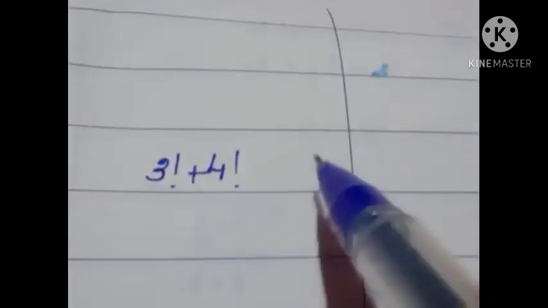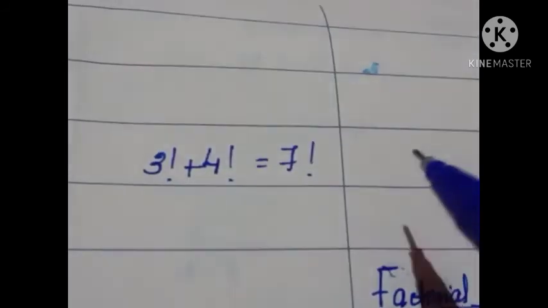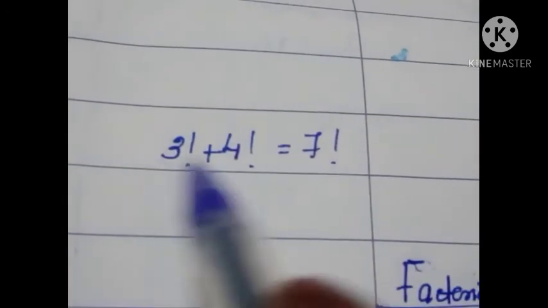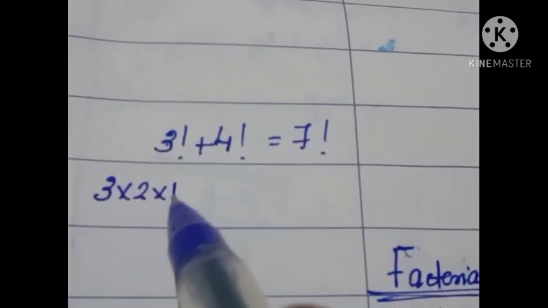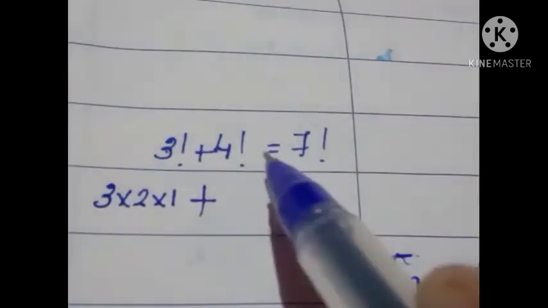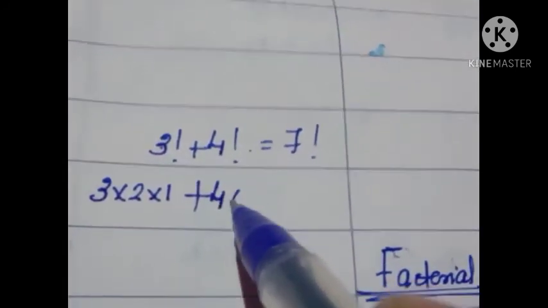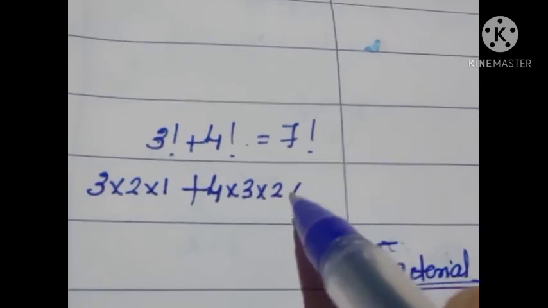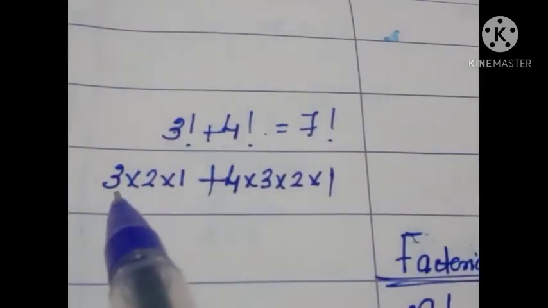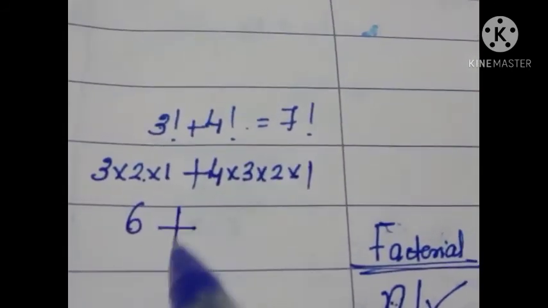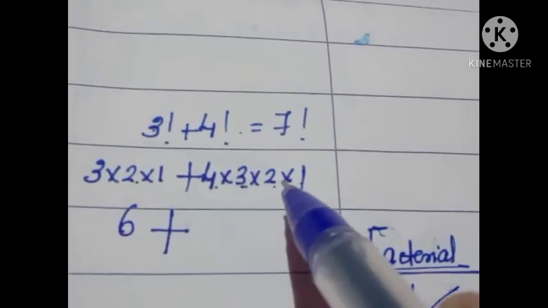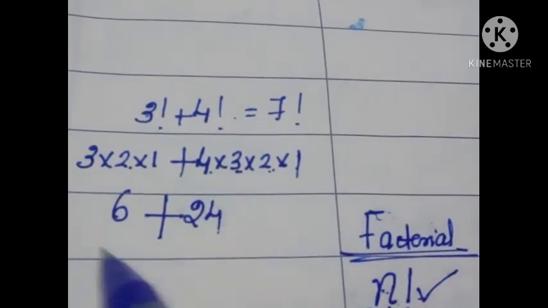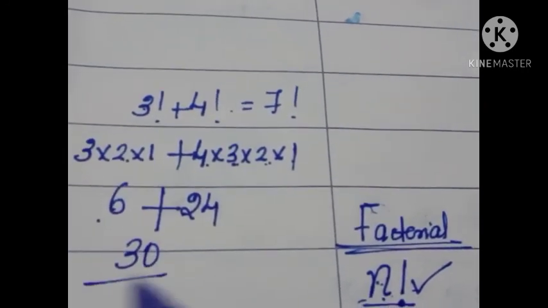What is 3 factorial plus 4 factorial? Is it 7 factorial? Wait, we can check. 3 factorial is 3 into 2 into 1, which is 6. Plus 4 factorial, which is 4 into 3 into 2 into 1: 4 into 3 is 12, 12 into 2 is 24. 6 plus 24 is 30.